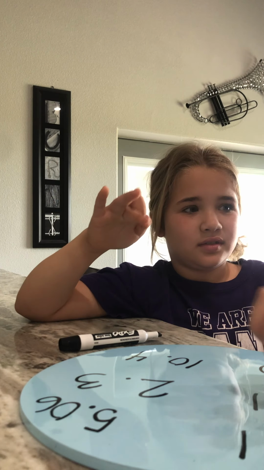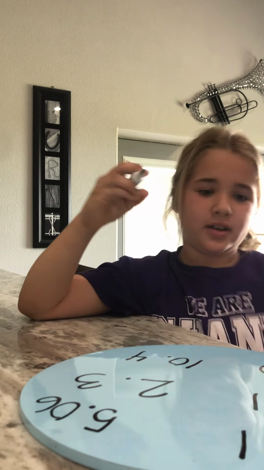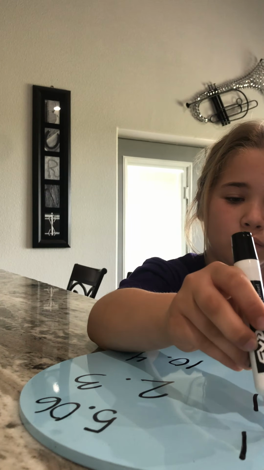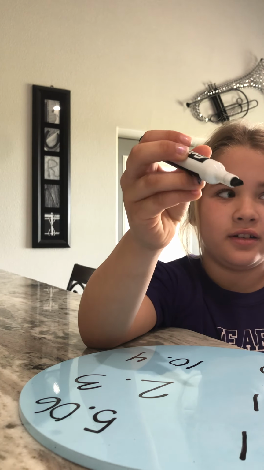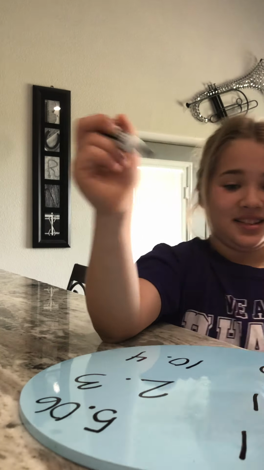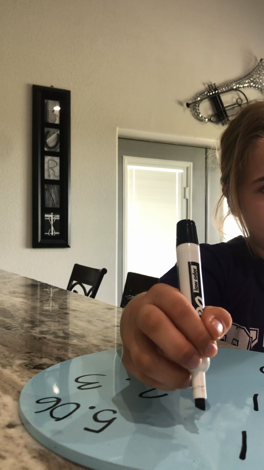So I want you to underline your places and tell me what the number is. So what is your whole number? 1 and 1 tenth. Great. So now I want you to write the fraction next to it right there.